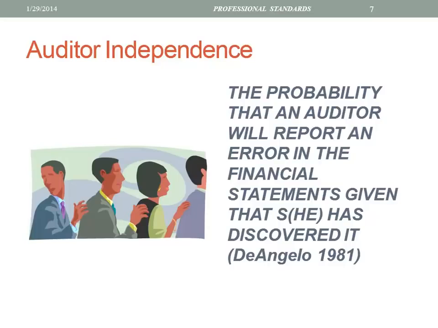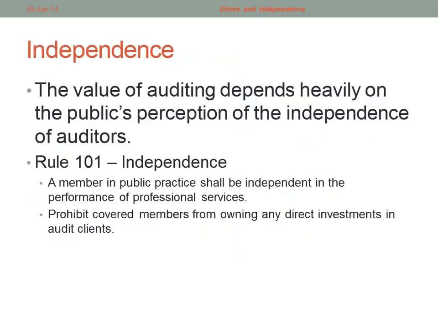So the fact that you didn't discover an error doesn't mean that you're not independent. You violated your independence if you discovered an error and did not report that error. Then you violated your independence, right? Because it's your responsibility to report that error, right? So that's a pretty standard definition.